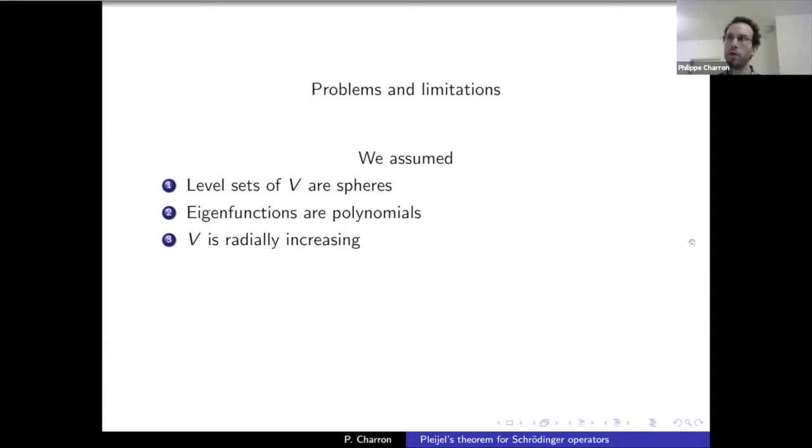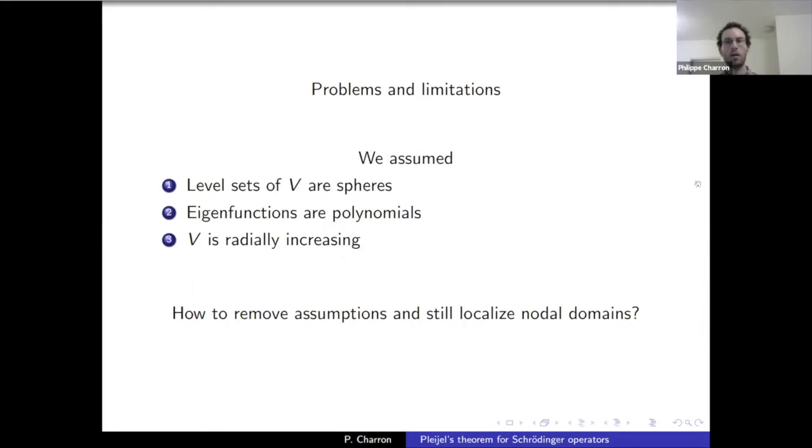So the idea of treating non-radial potentials was not clear, it was not clear that you could deal with this with just the method that we already had.